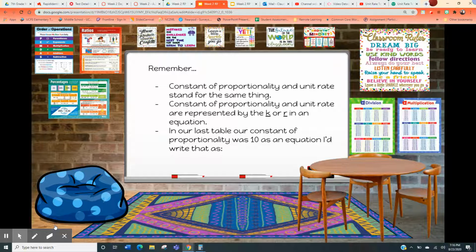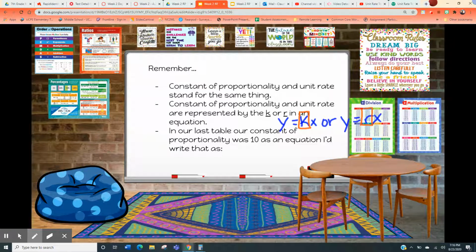So like in our vocabulary words, our equation would be y equals kx, or y equals rx. So we would put our unit rate right here when we're filling out our equation.